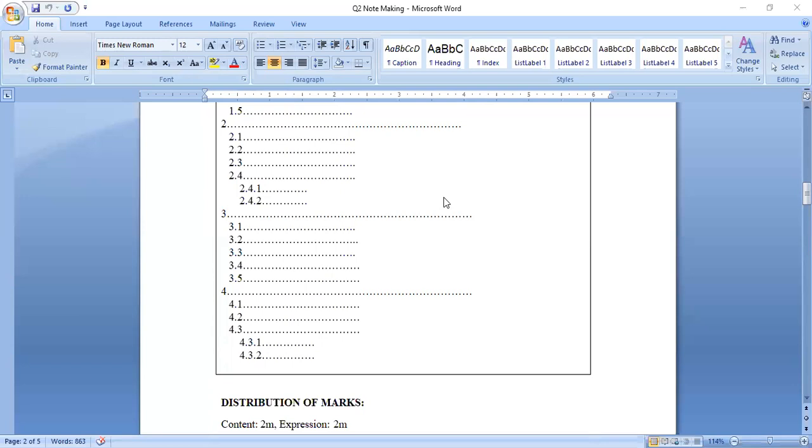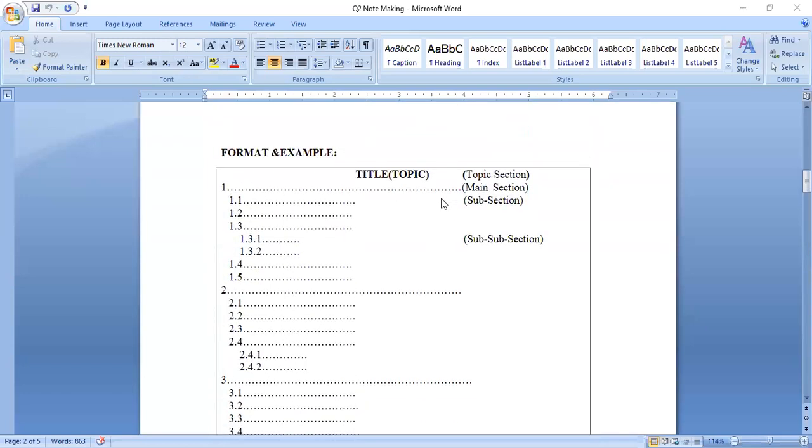This is the complete understanding of a student. Please recognize what is note taking and what is summary writing. Without knowing, we have to follow the format. This is the format I am just showing, the decimal format, or if you wish you can also go for an indented format.